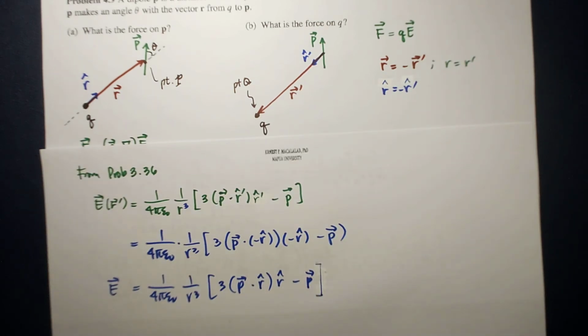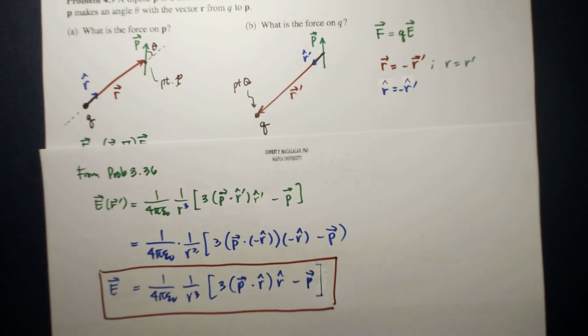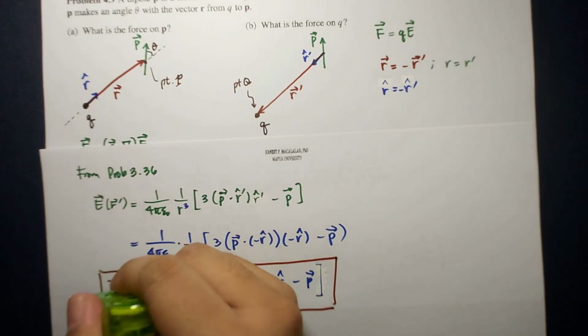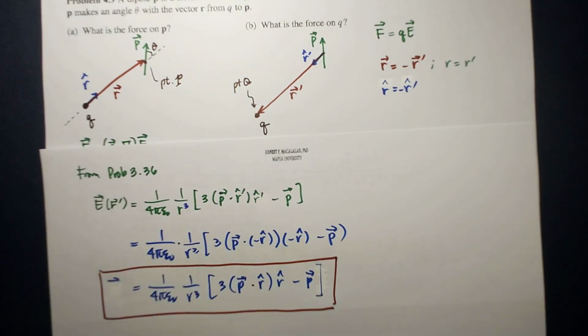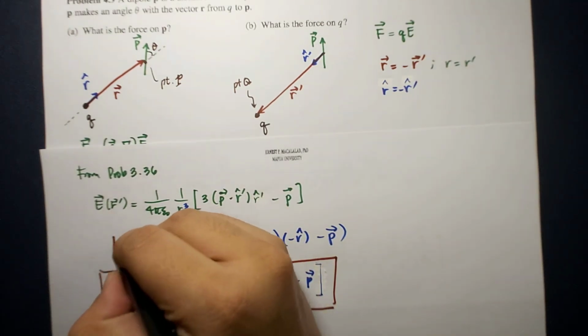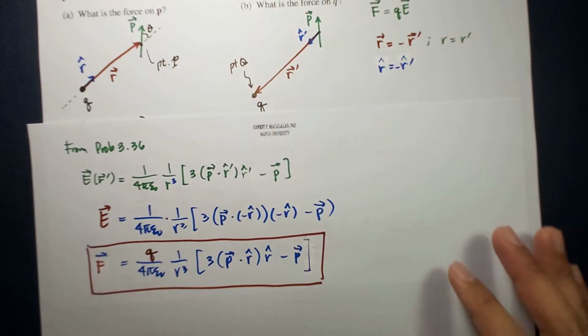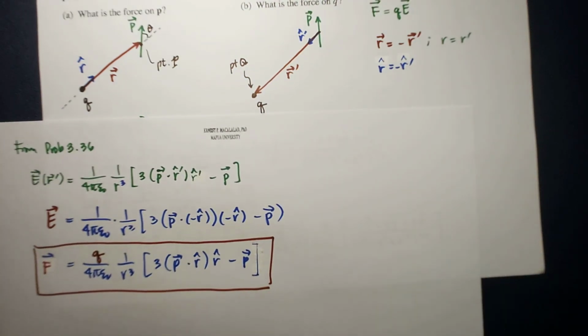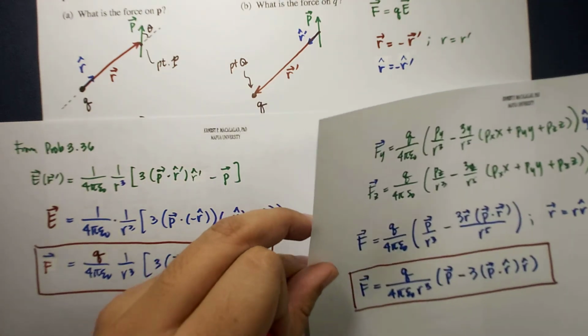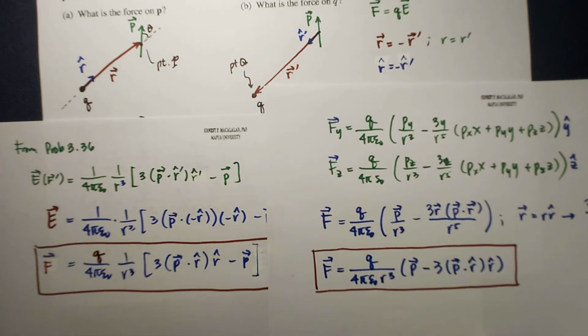And what do you notice here? If we're going to calculate the force, you just multiply this by Q. So this is the electric field. Want to find the force, you just multiply this by Q. Okay, so you will notice here that, let me rearrange here, this term is actually the negative of this term.